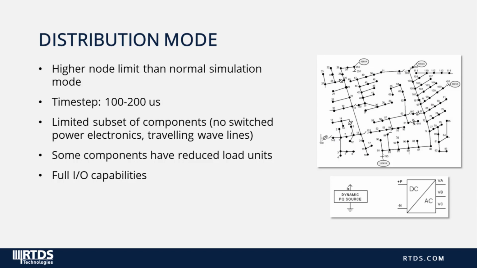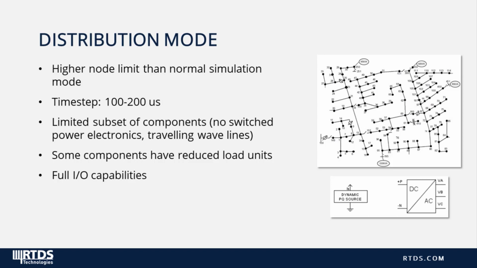And that's normally acceptable given the higher level nature of the controls that we're typically testing. Another exclusion is traveling wave transmission lines. There are no traveling wave models in distribution mode, only pi section lines, which is generally acceptable anyways, given the shorter nature of lines that exist in those cases.